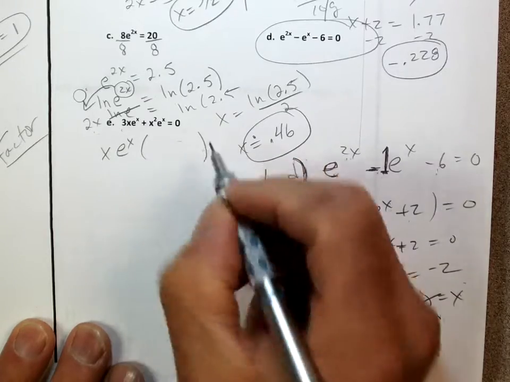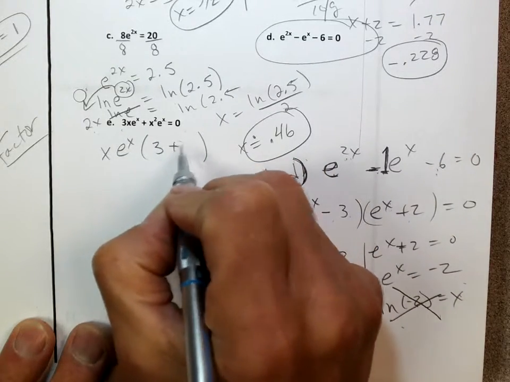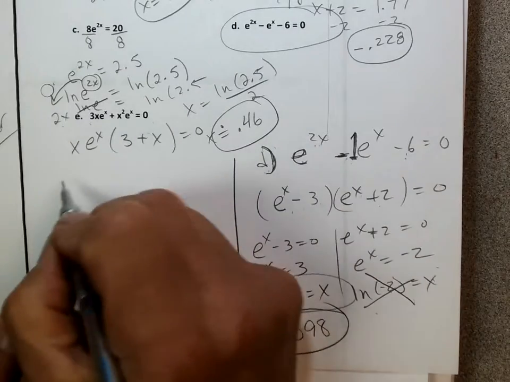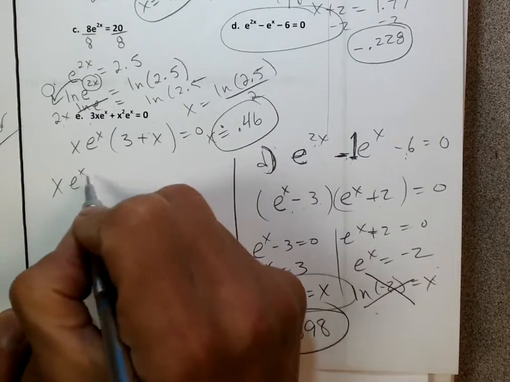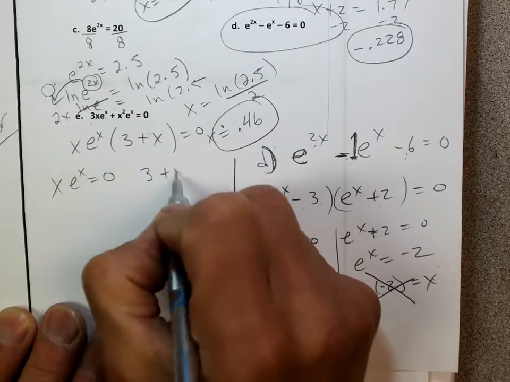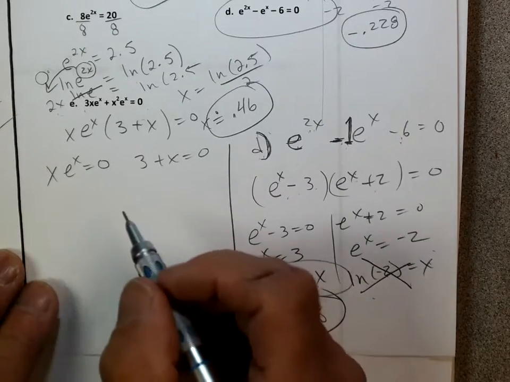You're both right. That would leave a 3 plus X equals 0, right? So then I'm going to have X, E to the X equals 0, and 3 plus X equals 0, which means I also have a possibility of 3 answers.